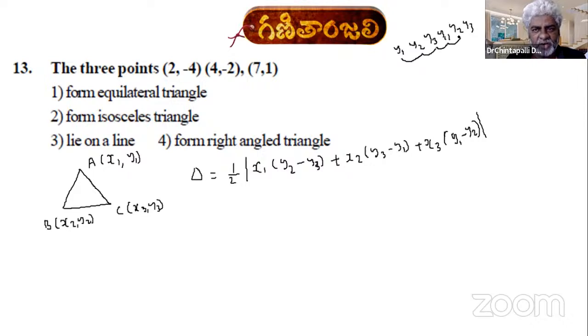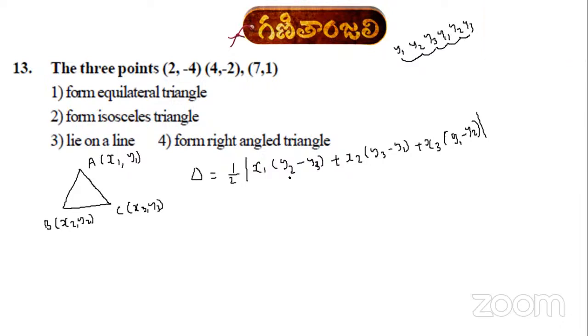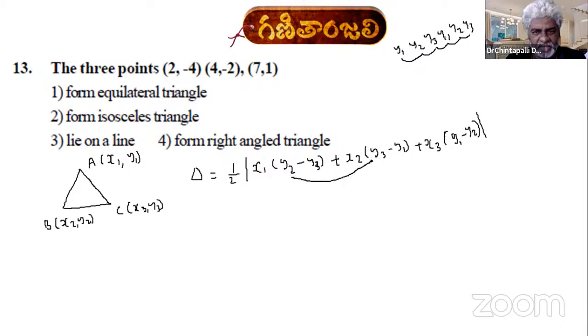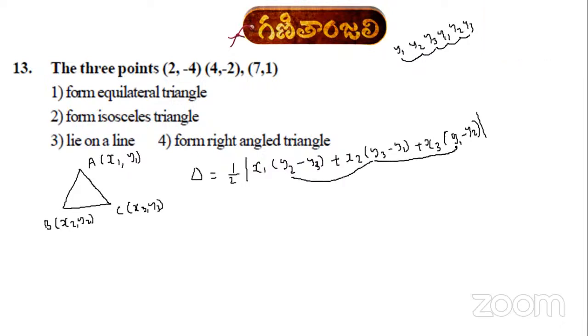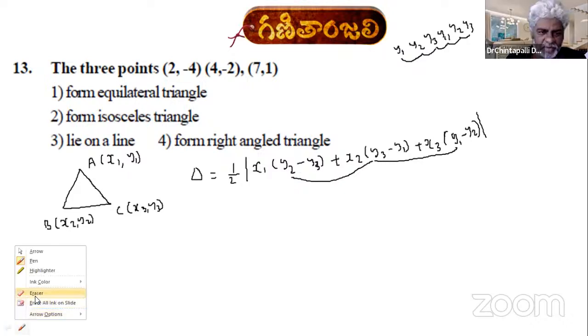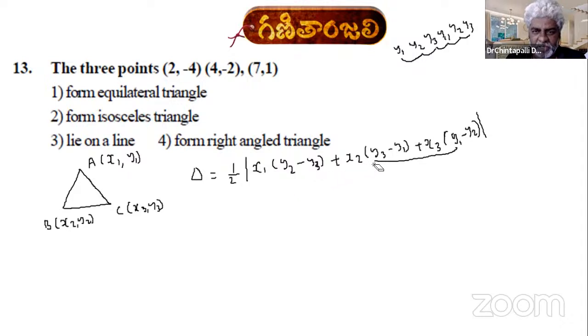See the first terms: y2, y3, then y3, y1, then y1, y2. Got it? It is easy to remember. The formula is x1 times (y2 minus y3) plus x2 times (y3 minus y1) plus x3 times (y1 minus y2), right?